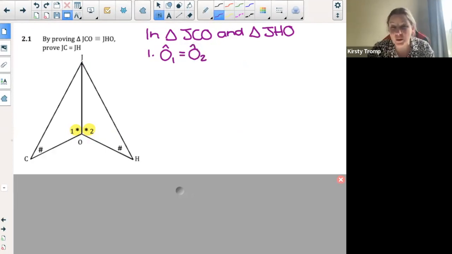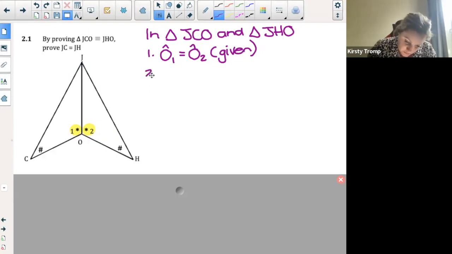They didn't tell me what it was equal to. However, it was given. Am I going to tell them it's equal to a star? No, because I'm going to look silly. That's not a value, okay? But it was given. Number two, let's pull out that trusty highlighter again.